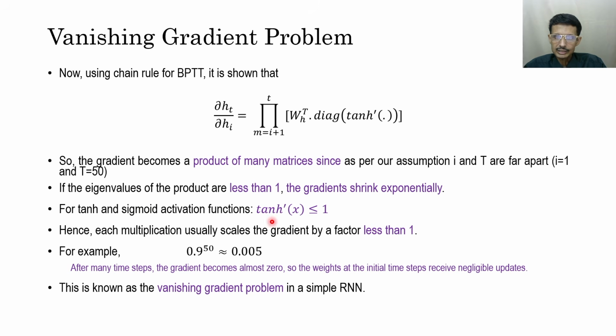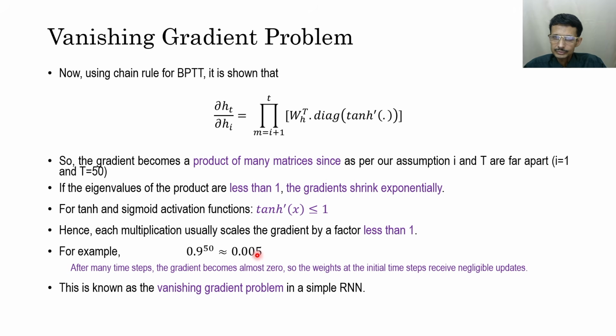Now tanh, like the sigmoid activation function, has a derivative tanh'(x) less than or equal to 1. Hence each multiplication usually scales the gradient by a factor less than 1. If you keep multiplying a gradient by less than 1 many times, almost 50 times, then 0.9 becomes very close to 0. So after many time steps, the gradient becomes almost 0.